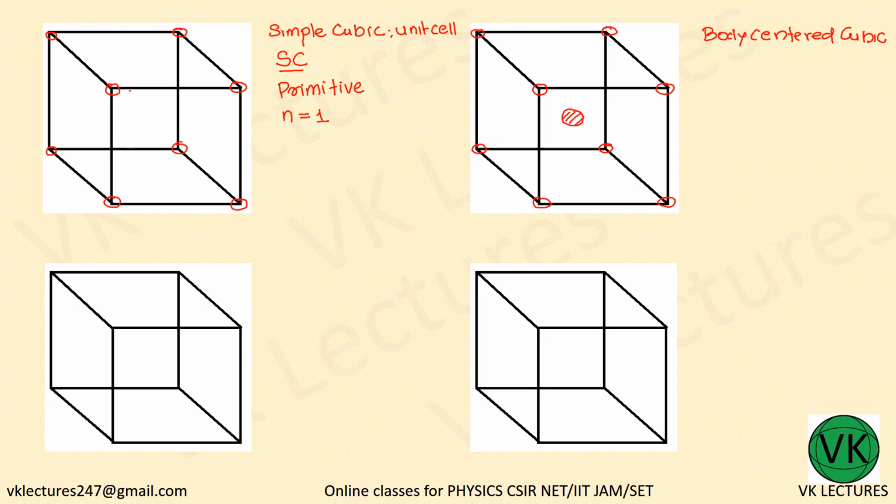So this makes it body centered, and it is represented by BCC, and it is not primitive because n, the number of atoms here, is 2, and it is represented by I. So here you have primitive which is represented by P, and this is I. So I represents the body centered cubic, and it has a total of 2 atoms. One is placed at the center.